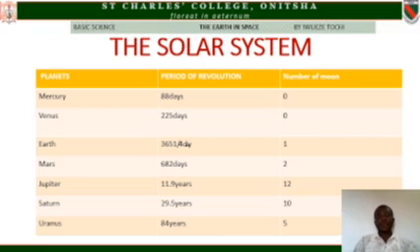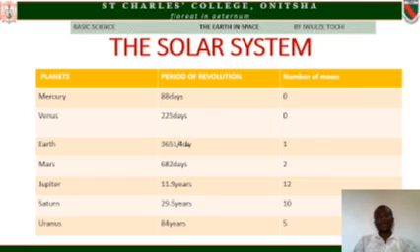Venus, you take Venus 225 days for it to go around the sun, and there is no moon on the Venus. Earth, you take Earth 365 and 1/4 days for it to go around the sun. And the Earth contains only one moon.